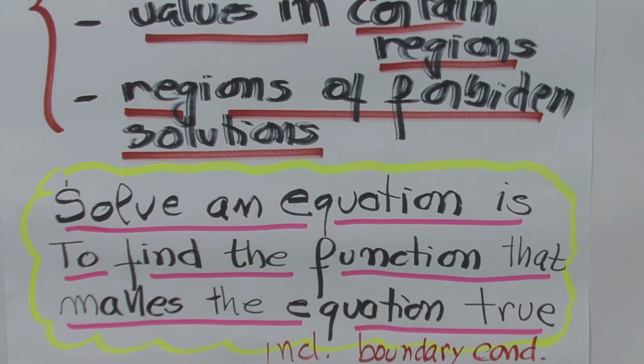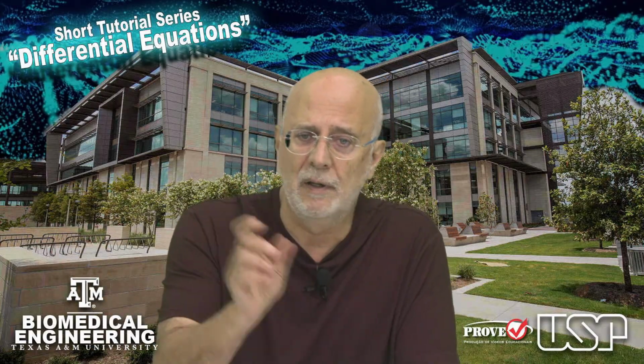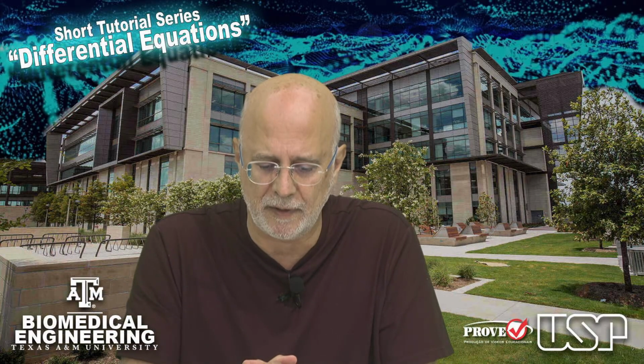Cannot forget this. Solving an equation is to find the function that makes that expression true, a mathematical truth. So I have an equation, and then I find a solution. I have to go back to the equation and see if that expression is true. If it obeys that, it's really a solution of that equation.